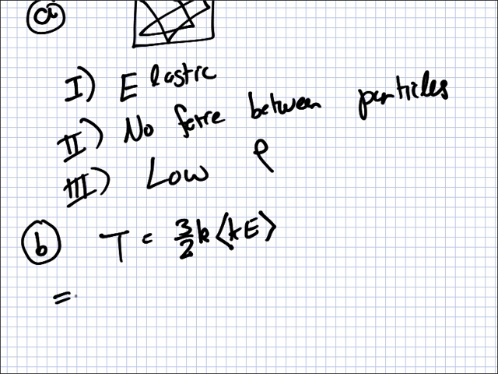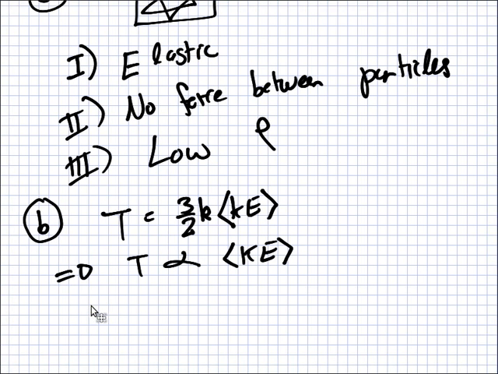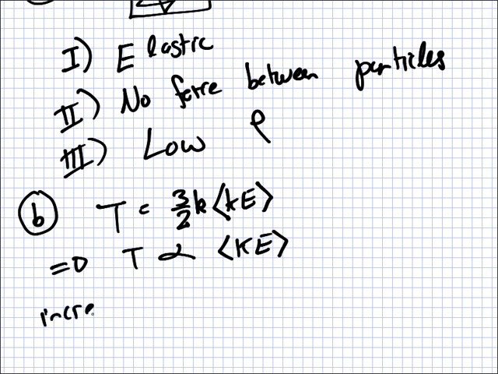So that means that temperature is proportional to kinetic energy. Yes? So increase KE means increase T. Right, that's it? That's it, I think. They want us to explain why, it's not kinetic theory.